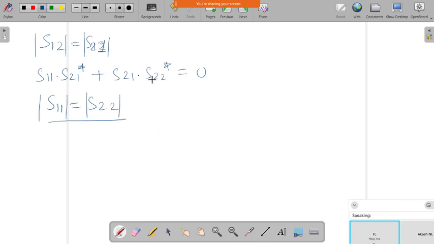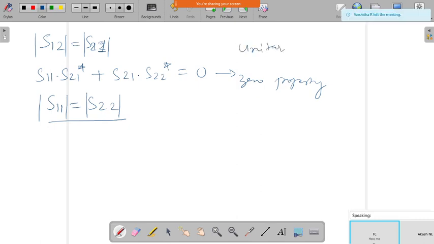If the network is reciprocal as well as lossless, then it should satisfy the unitary condition, which we discussed earlier, and the zero property.